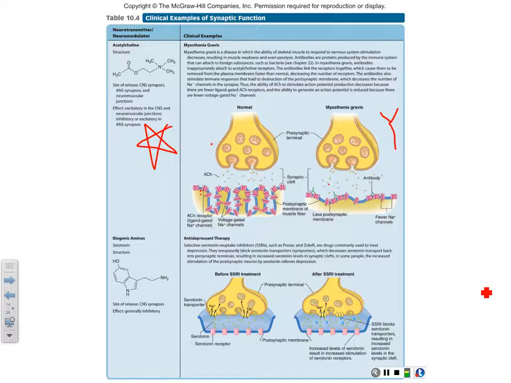Sometimes that process goes wrong, and then they survive. You let those antibodies that attach to your own cells survive, so those antibodies will start to attack your own cells. So that's what will happen here. So it's an autoimmune condition, okay? But I want you to realize that it will cause muscles not to contract.